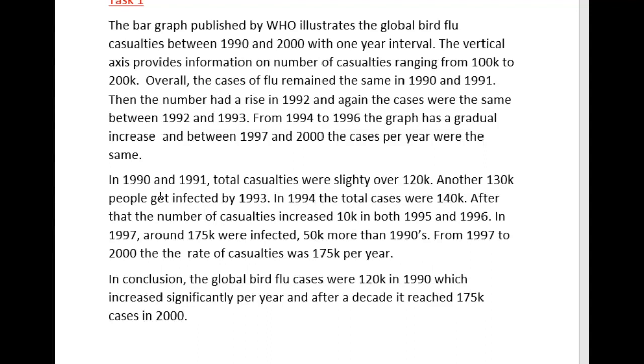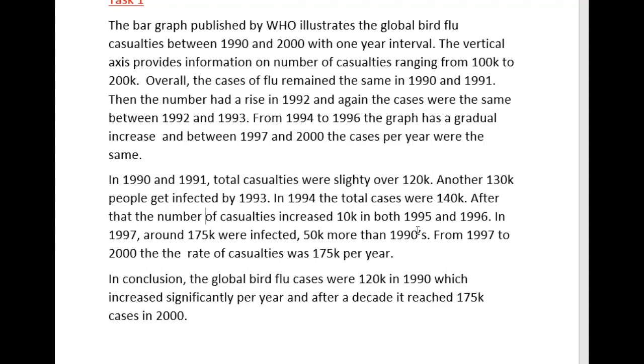In 97, around 175 were infected, 50,000 more than 90s? What does that mean? 1990. Do you mean then 1990 here? If that's the case, then get rid of the apostrophe S. From 97 to 2000, the rate of casualties was 175,000 per year.